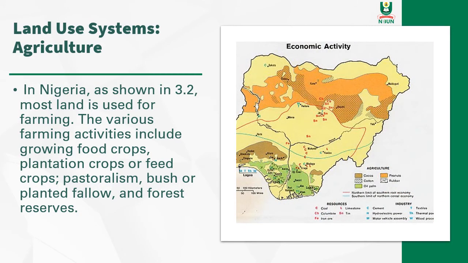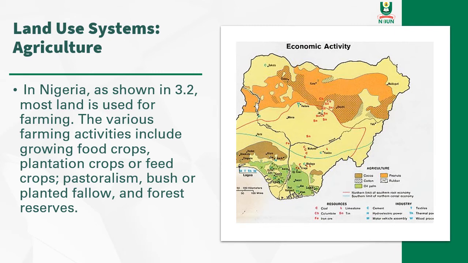Now, talking about the land use systems in agriculture, you can see from this map here, and from these keynotes here, that there are various crops being cultivated. You can see cocoa in this brown color, peanuts in this orange color, cotton, rubber, oil palm, all scattered around the whole of the country.